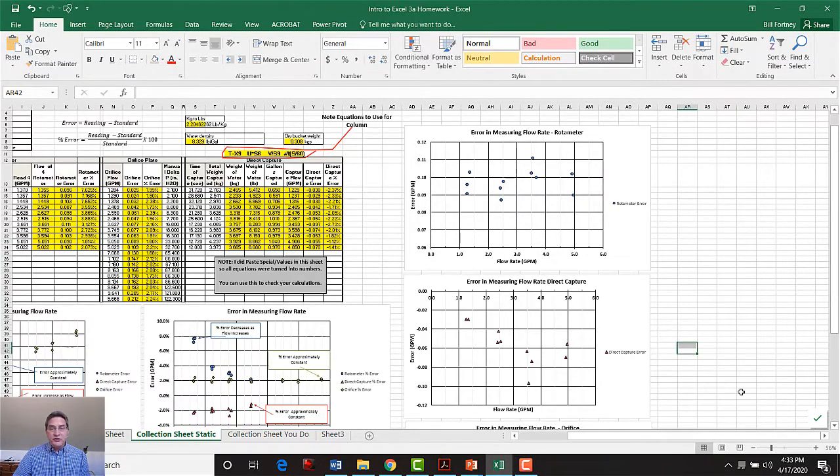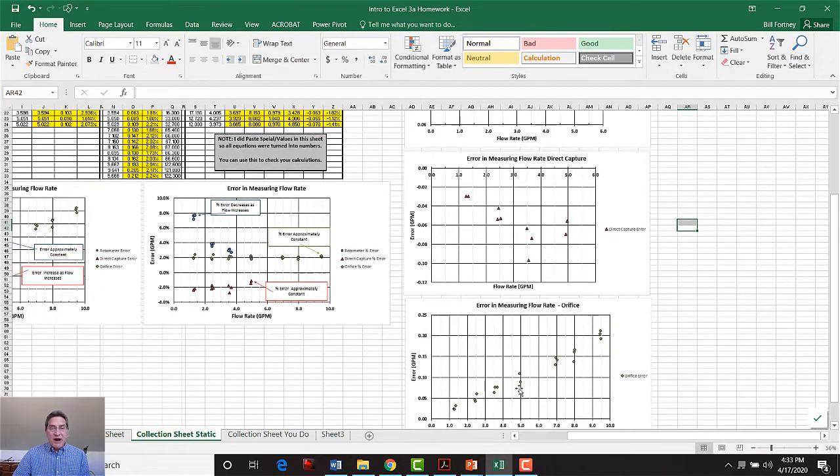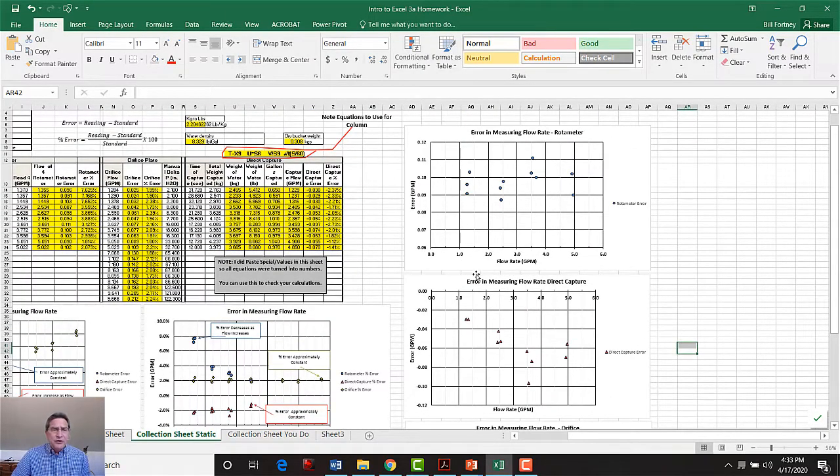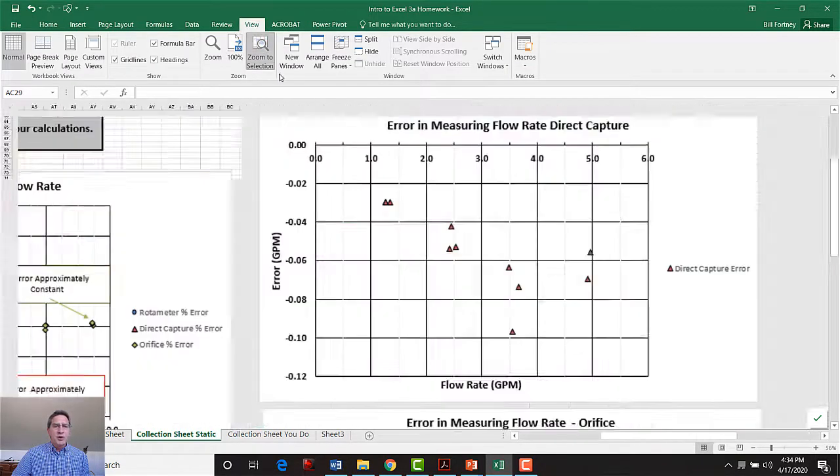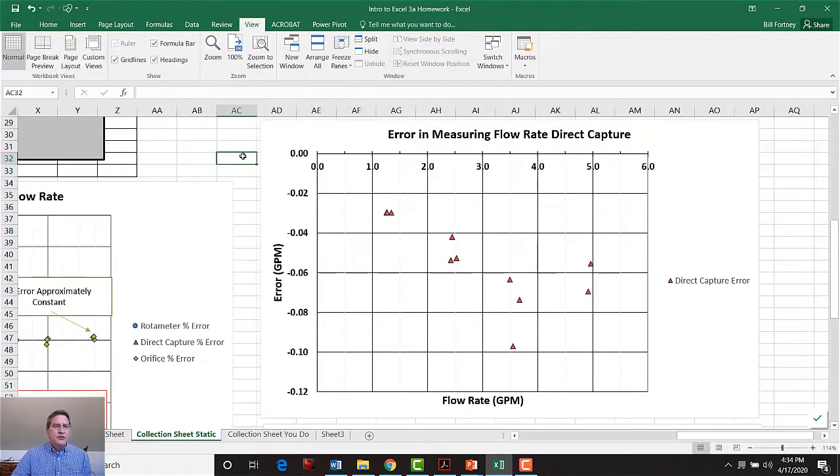They're just pictures, so the graphs won't change, but they're there so you can go in and look at. And there's one more thing about graphs that I need to show you, or this graph of the direct capture is going to drive you crazy. So let me blow that up so you can see it. When you first do the graph of the direct capture, it's going to look like this. The axis is going to be way up here, and the numbers are going to be in the middle of the graph, and you're like, what in the world are you doing, Excel?